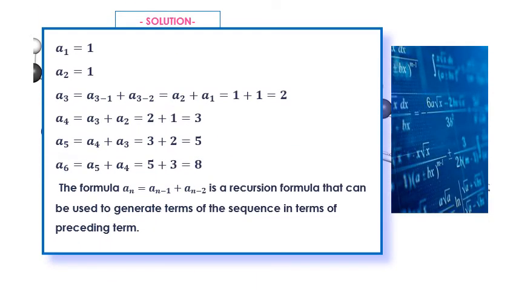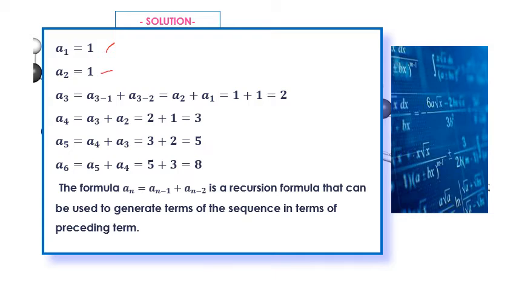So, it is easier if what we are asked to find is the terms of the sequence. What we need to do is substitute values when we are asked for the terms. So, we have a sub 1, which is already given, and a sub 2, already given.